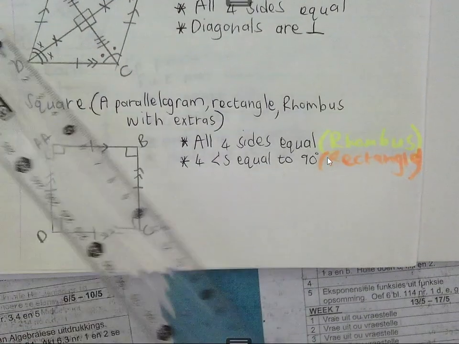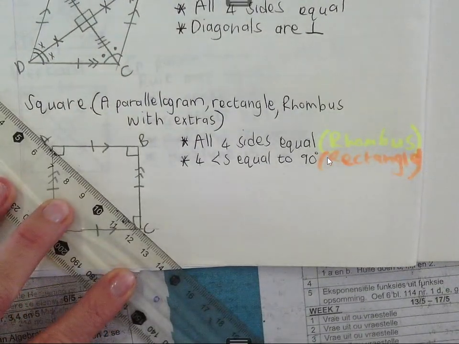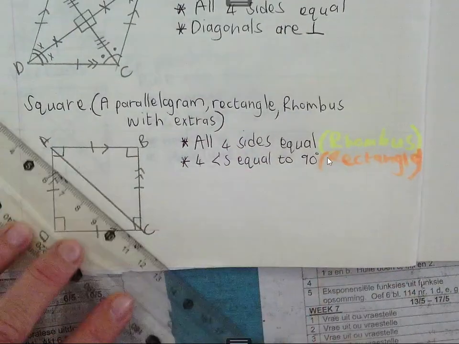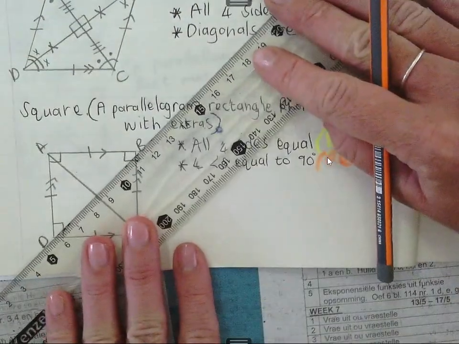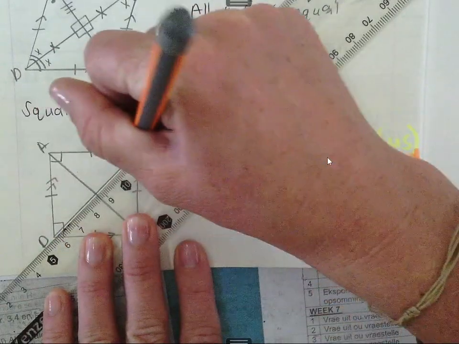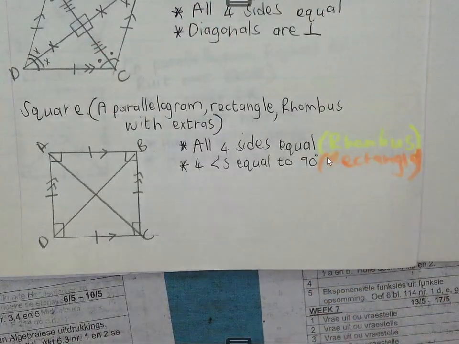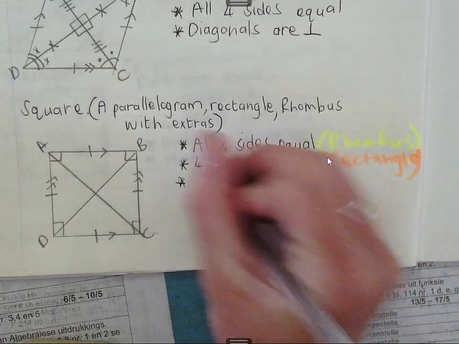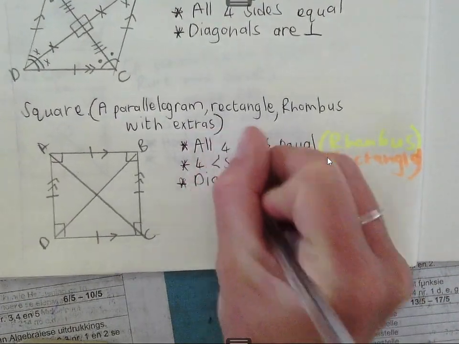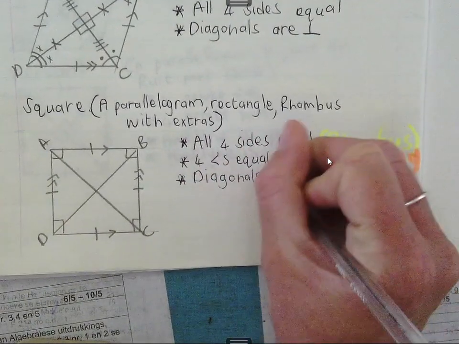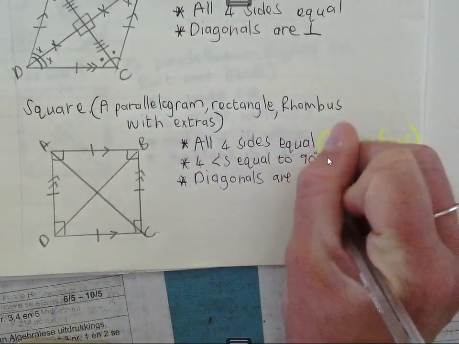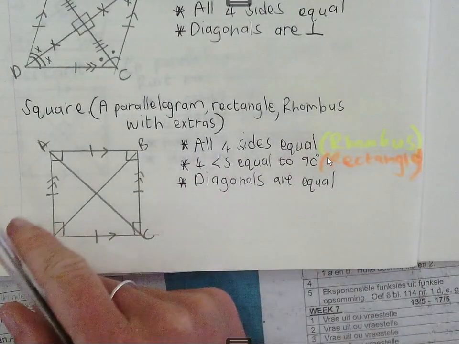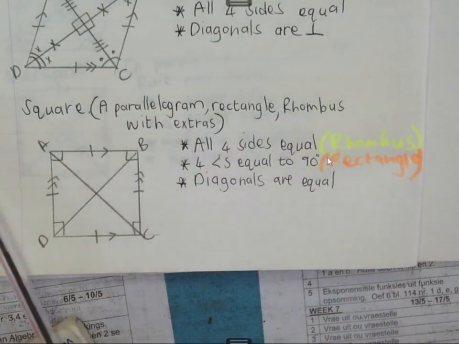Now looking at the diagonals, because this is also a parallelogram, I know that the diagonals bisect each other. Do you notice something else about the diagonals? They are equal. Who else has diagonals that are equal?